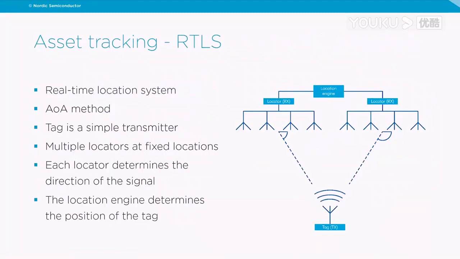Then I wanted to extend a bit on this asset tracking or real-time locating system. It uses the angle of arrival method. And a tag is a simple transmitter. And then you have several locators at fixed locations around the area, typically in the roof.